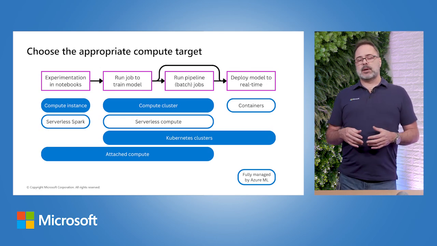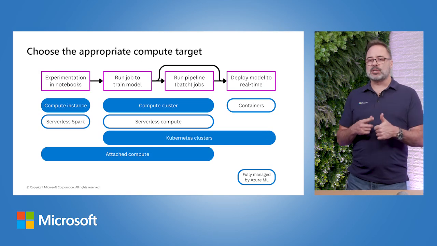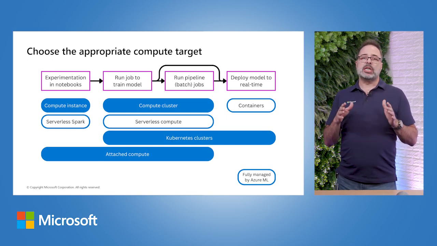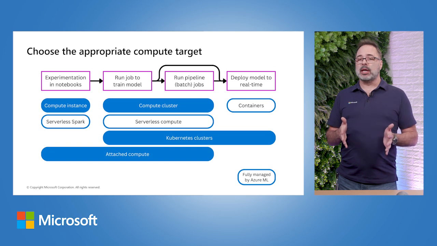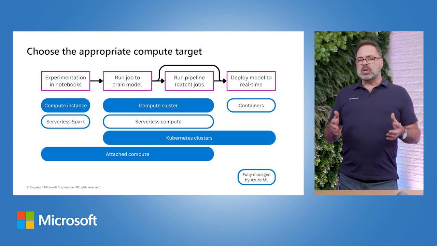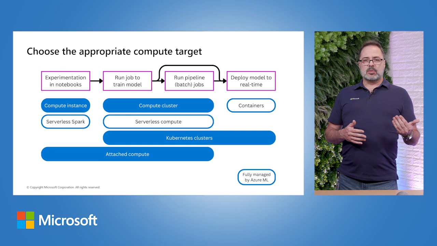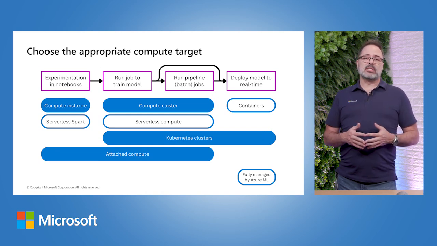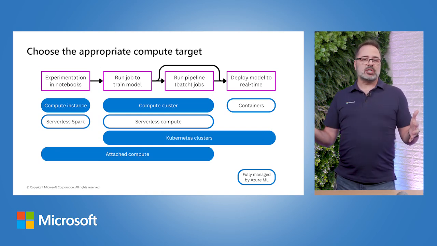Moving into the middle of the slide, we see compute clusters, serverless compute, and Kubernetes clusters under the machine learning activities of model training and running pipeline jobs. A compute cluster is similar to a compute instance where you have full control over the configuration, but what's different is that this is a multi-node cluster of virtual machines that can scale as needed.